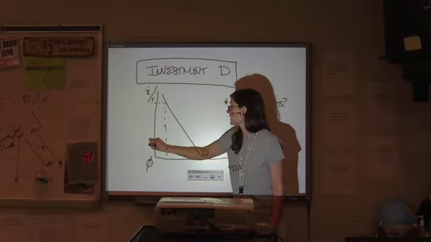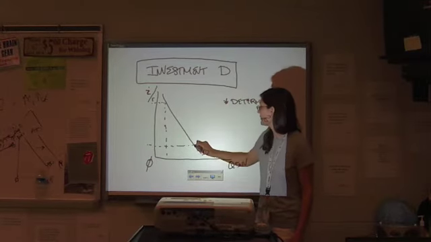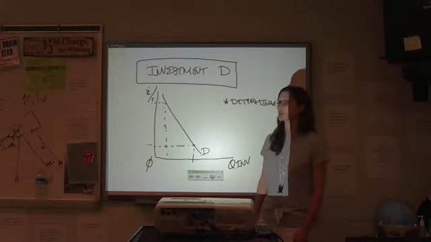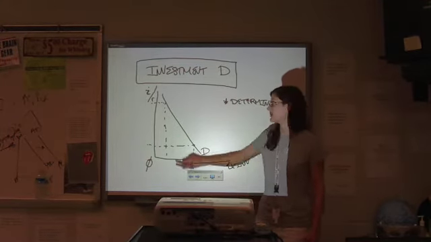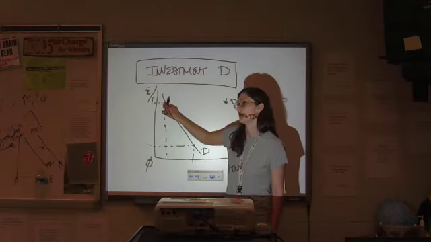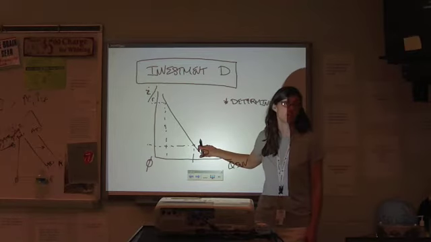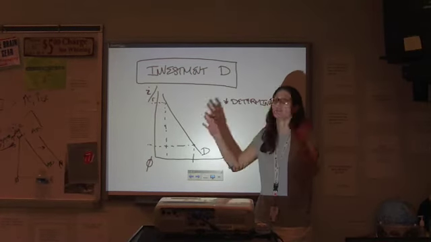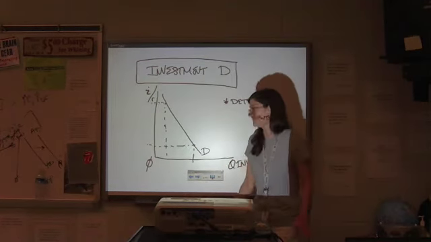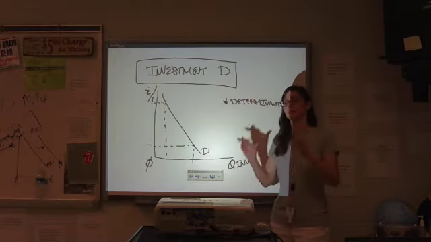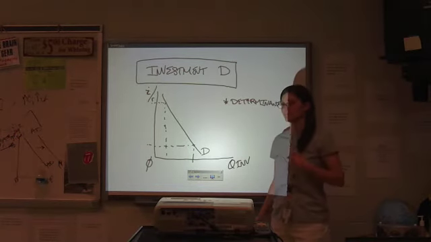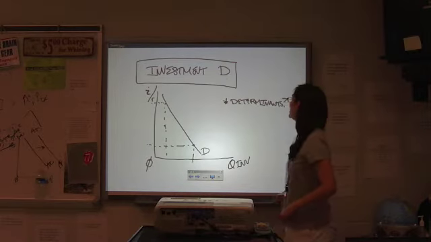When the interest rate is low, the amount of money that people want to borrow for investment purposes is very high. When the price is high, the quantity is low. When the price is low, the quantity demanded is higher. Okay? Just like every other demand curve that we've looked at all year. Hey, wait a minute. This is like every other demand curve we've looked at all year. Thank you for playing. All right.